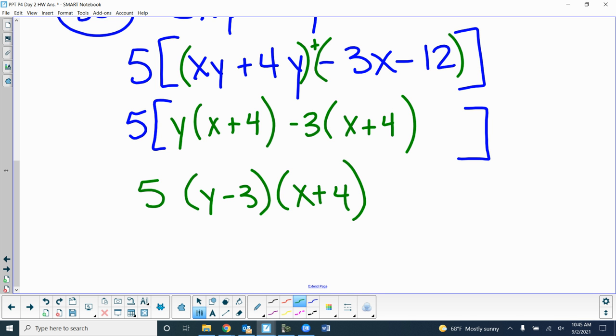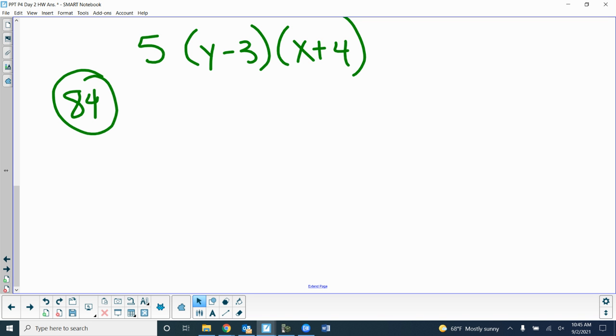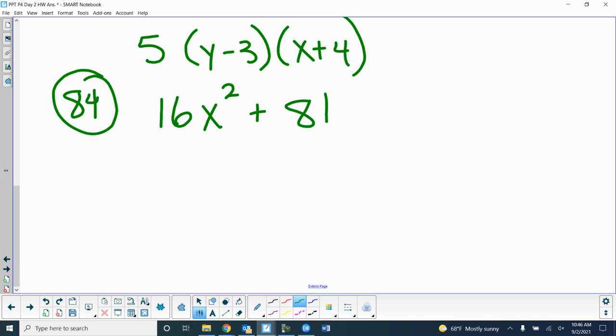So that one had a GCF in all 4 terms. Number 84. Evan? 16x squared plus 81. Is there a GCF?